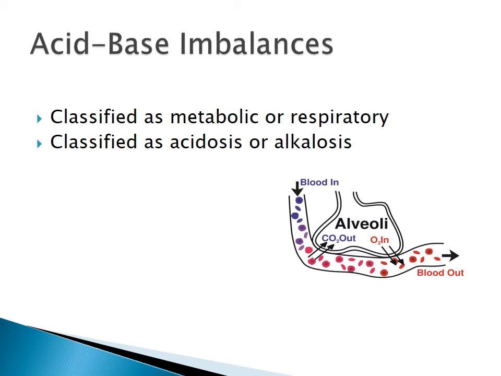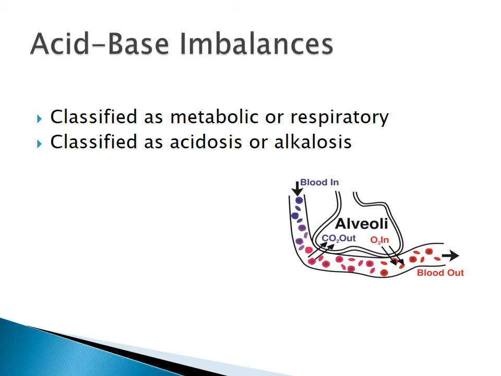Now, acid-base imbalances are classified in two ways. They're classified as either metabolic or respiratory. This is usually based on the primary cause, the original reason why the pH changed, whether it was respiratory induced or metabolically induced.